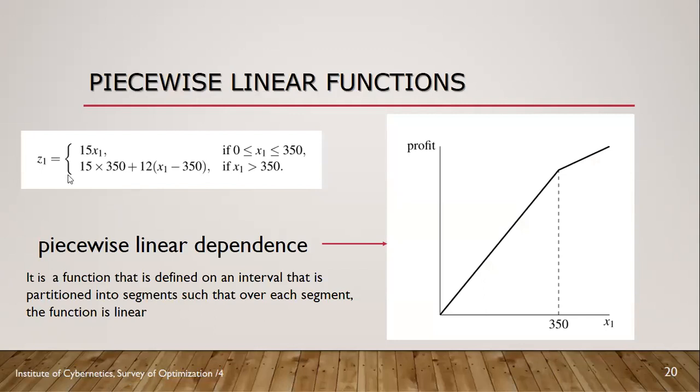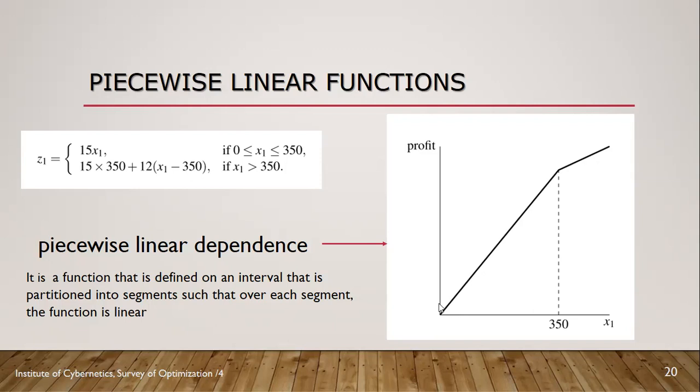Now let's consider this objective function more closely, more insightfully. The definition of the objective function is somewhat linear. Why?